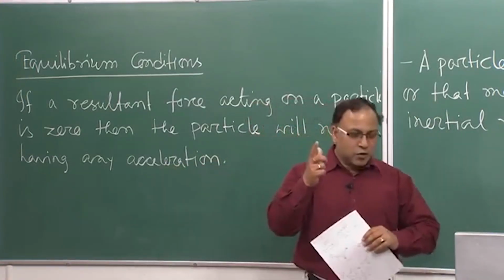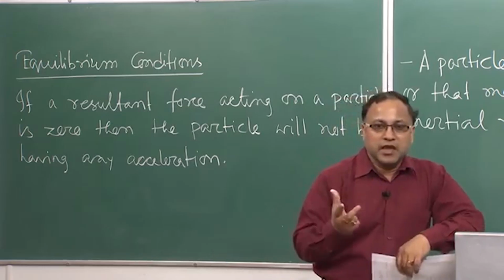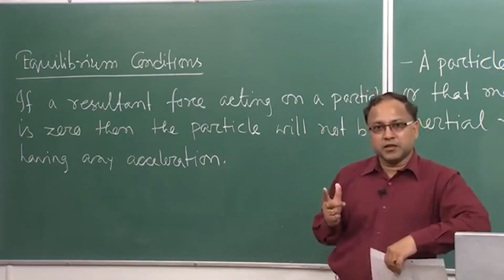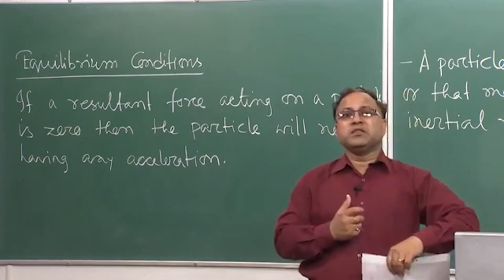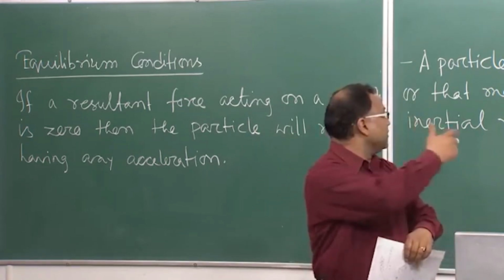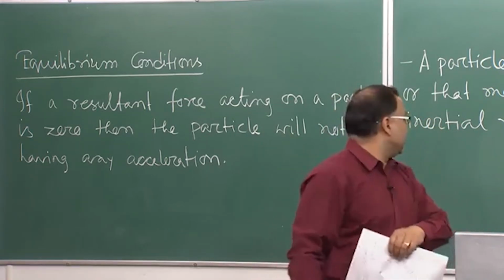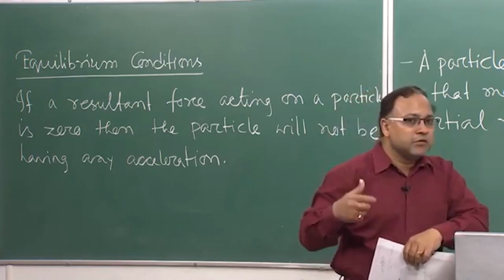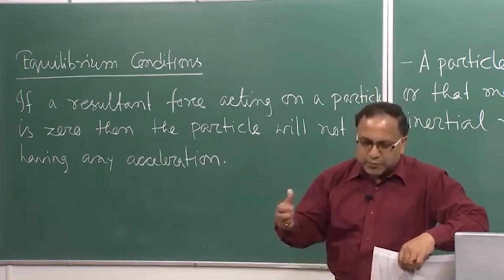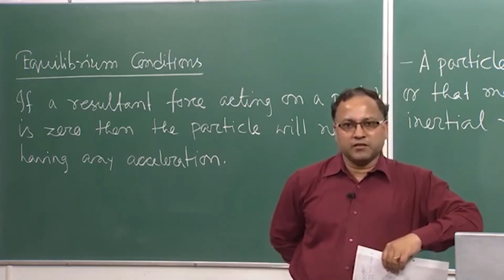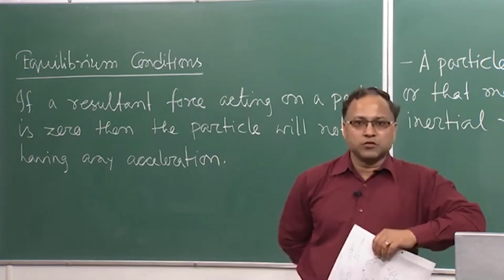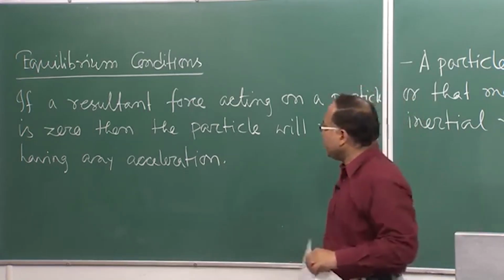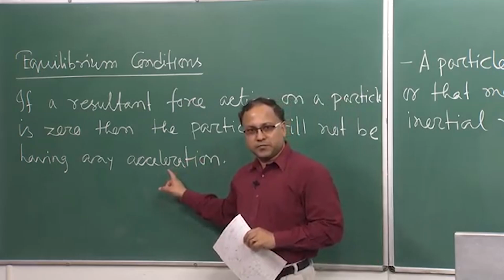That can happen only in two situations: either the particle is stationary, or it moves with uniform velocity with respect to some inertial reference. Under these two situations, you will not have any acceleration.